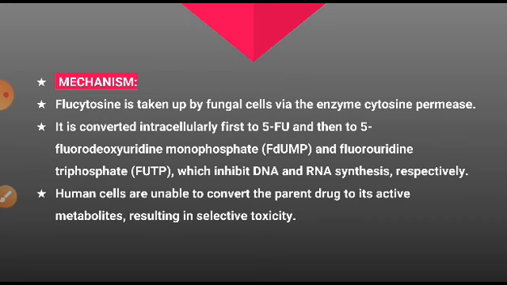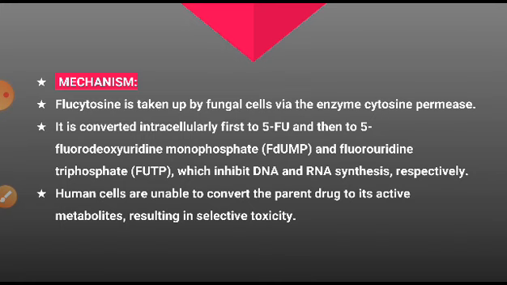So what is the mechanism of flucytosine? When it is taken up by a fungal cell via the enzyme cytosine permease, it is converted intracellularly first to 5-FU and then to 5-fluorodeoxyuridine monophosphate, 5-FdUMP, and fluorouridine triphosphate, which inhibit DNA and RNA synthesis respectively.